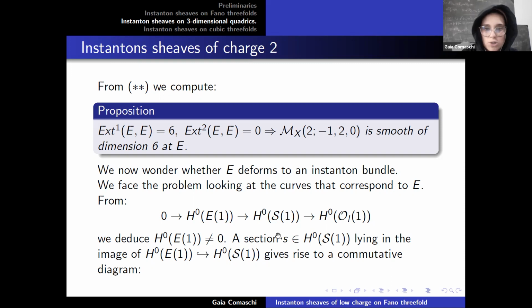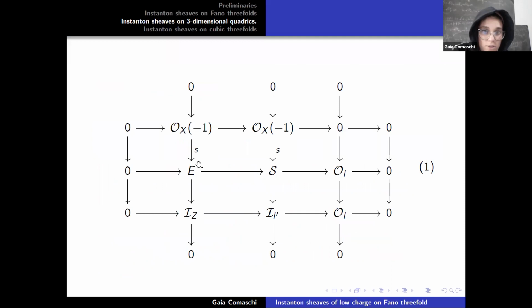So for a global section s of such a kind, we get a commutative diagram of the following form. Here in the central row, we have the defining sequence of E, with here the singular locus.